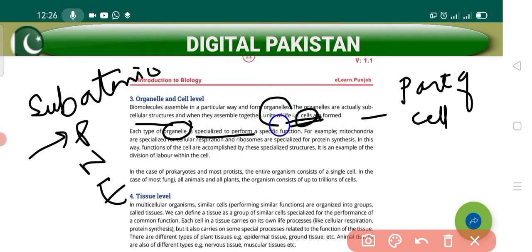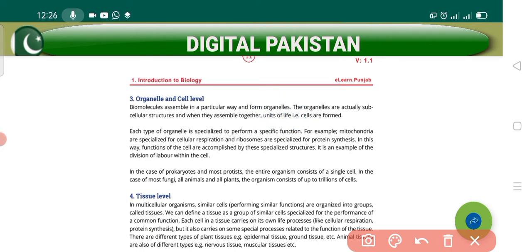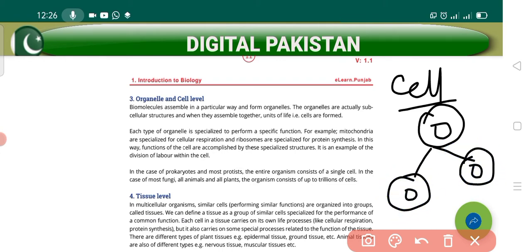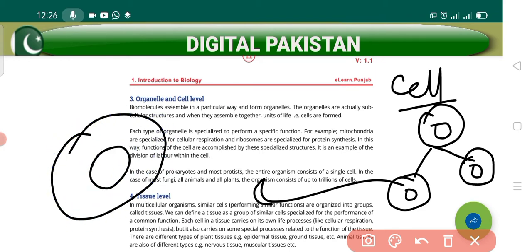A cell is the basic unit of life. We all living organisms are made up of cells. One cell can divide into two and two cells can divide into four, and the cell also increases its size. So this is the basic unit of life. The atoms are not the basic unit of life.